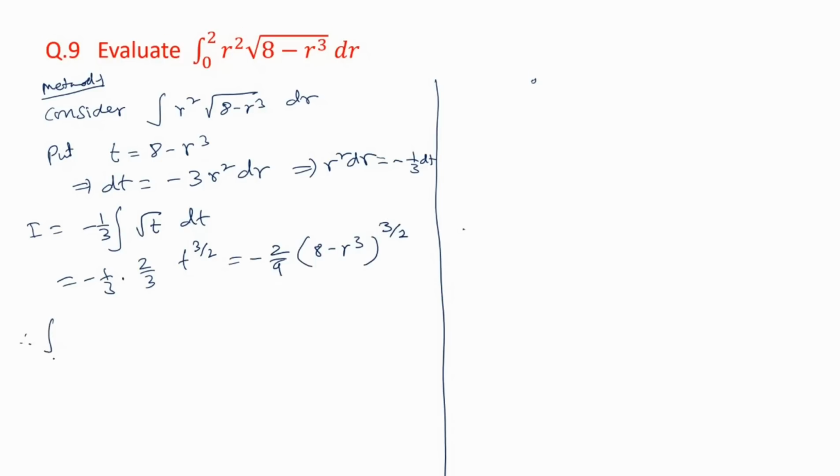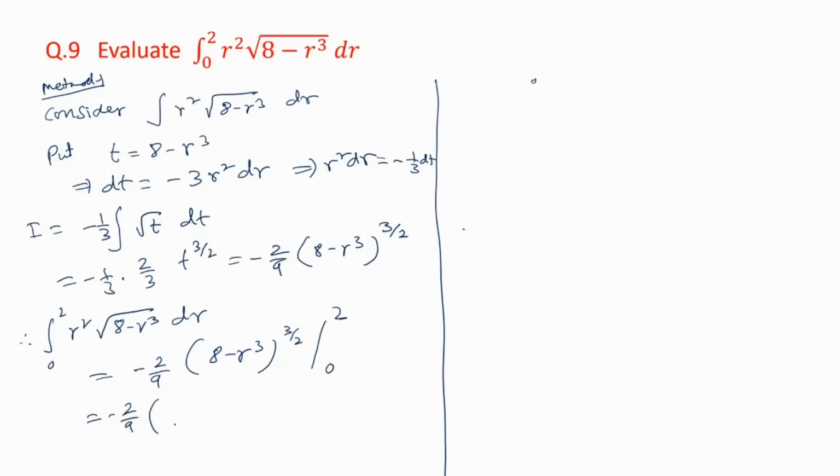So therefore the integral from 0 to 2 of r square root of 8 minus r to the power 3 dr is equal to minus 2 over 9 times (8 minus r to the power 3) to the power 3 over 2, limit is 0 to 2. So this is equal to minus 2 over 9, and this is (8 minus 8) to the power 3 over 2 minus (8 minus 0) to the power 3 over 2.